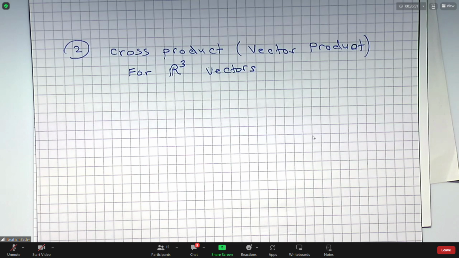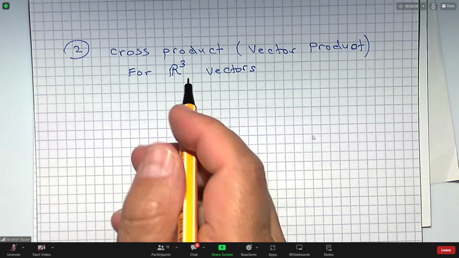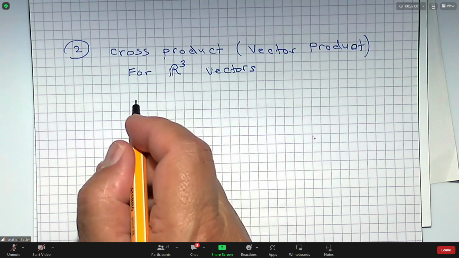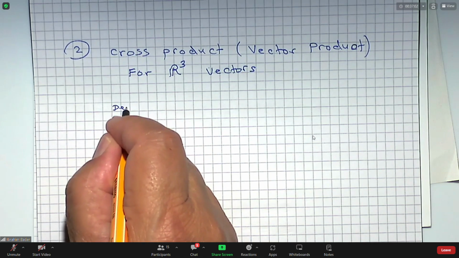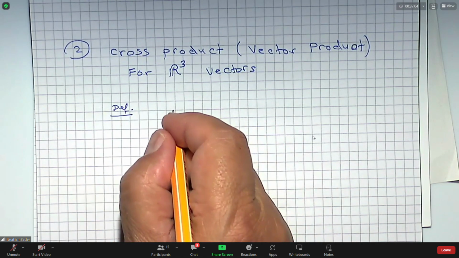After today's class, I will introduce a couple of methods for evaluating them. So determinants are an issue here, but before that, let us define the vectors.